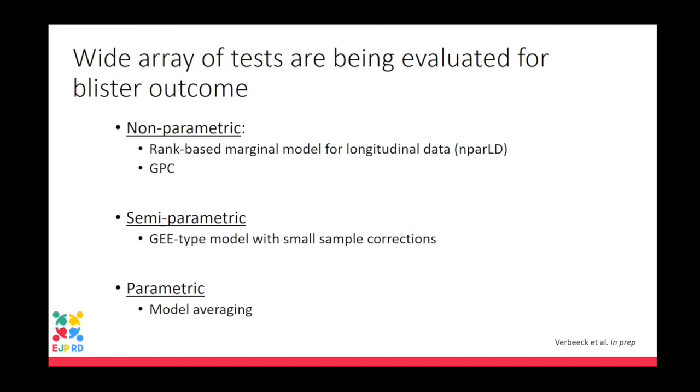Within that multidisciplinary group, we look at different types of tests for the blister outcome. We have a few non-parametric tests, a rank-based marginal model, GPC, of course, since I was involved, a semi-parametric generalized estimating equations (GEE) type of model, where we can use small sample corrections, and also model averaging in parametric models.